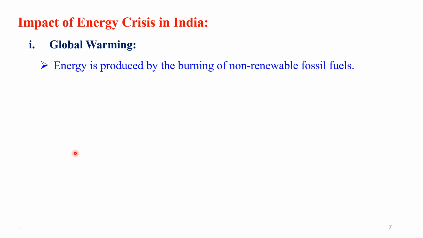The first is global warming. This is a very important impact that we observe due to the energy crisis. Due to the energy crisis, we produce energy by burning non-renewable fossil fuel, and burning this type of fossil fuel creates a lot of pollution in that particular area.